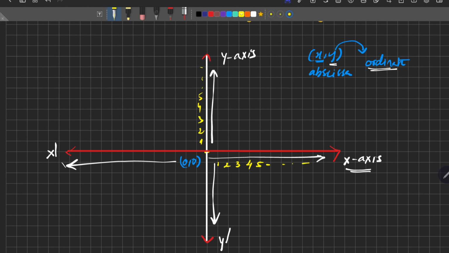Below the x-axis, again we have the negative y-axis, such as -1, -2, -3, -4 and so on. From the origin, the left side is again minus, the negative x-axis: -1, -2, -3, -4, -5 and so on. Suppose I want to locate any particular location, just imagine this is the location I am indicating.